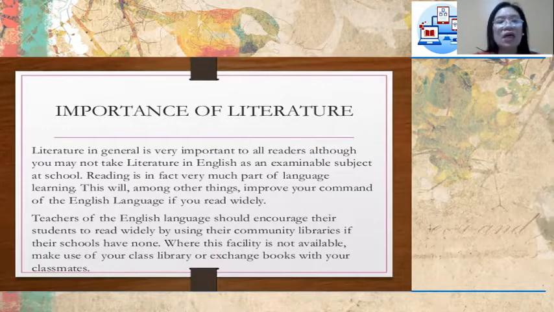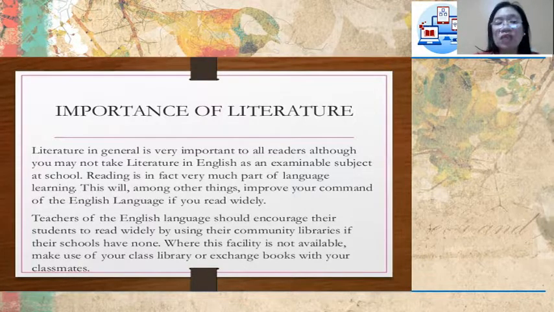Literature in general is very important to all readers, although you may not take literature in English as an examinable subject at school. Now, reading is in fact very much part of language learning. This will, among other things, improve our command of the English language if we read widely.